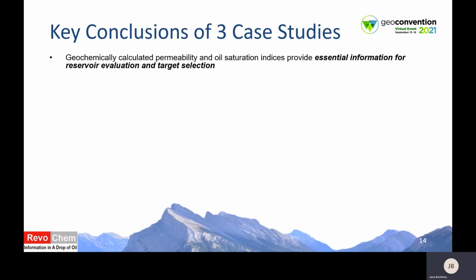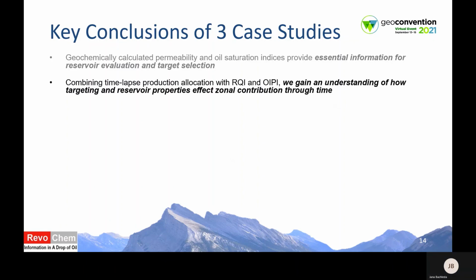So key conclusions from today is that geochemically calculated permeability and oil saturation indices provide essential information for reservoir evaluation and target selection. By combining time-lapse production allocation with permeability and oil saturation indices, we gain an understanding of how targeting and reservoir properties affect zonal contribution through time.